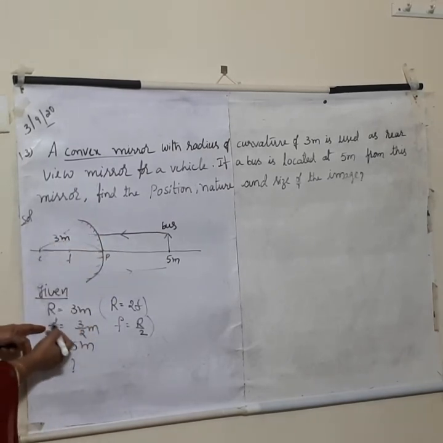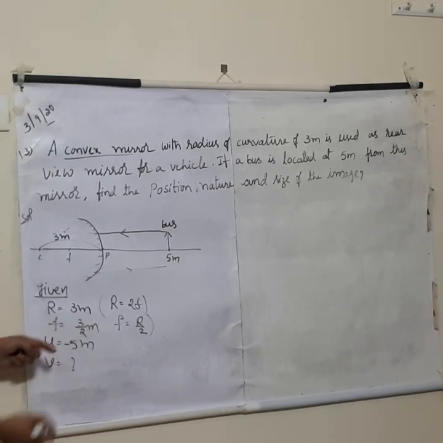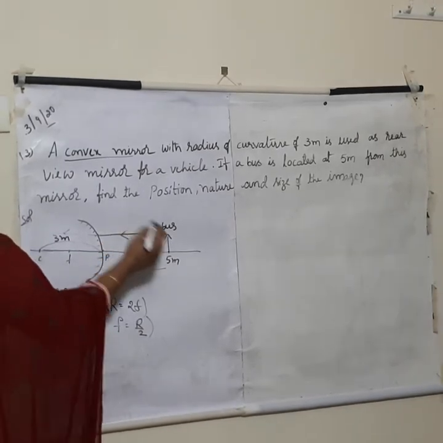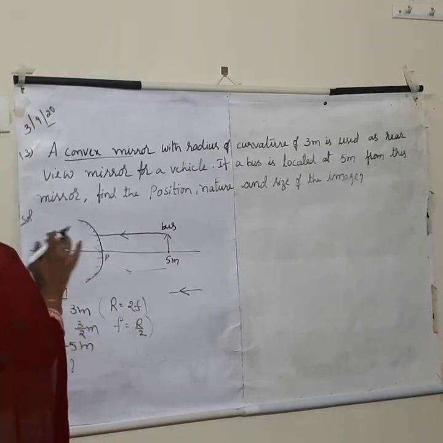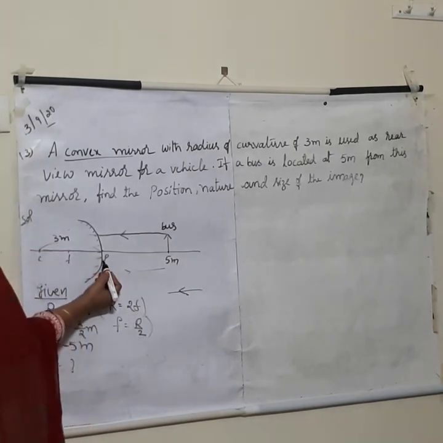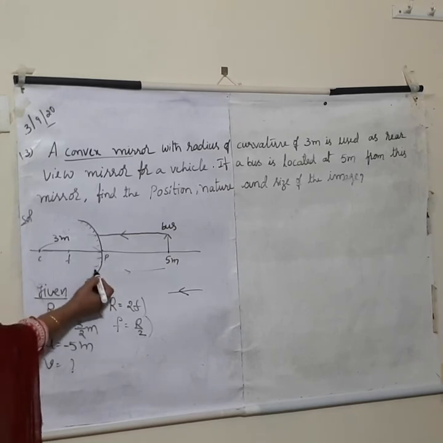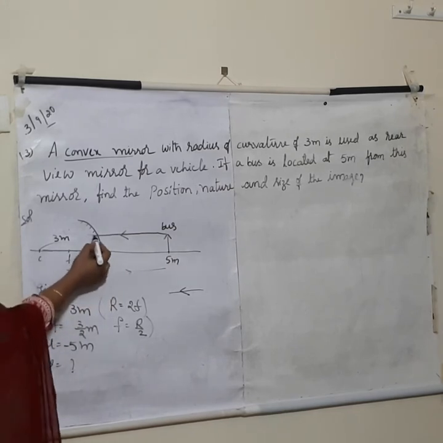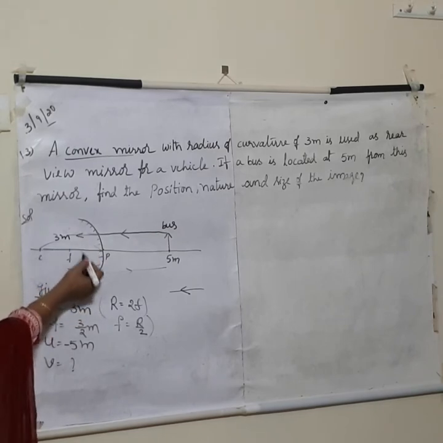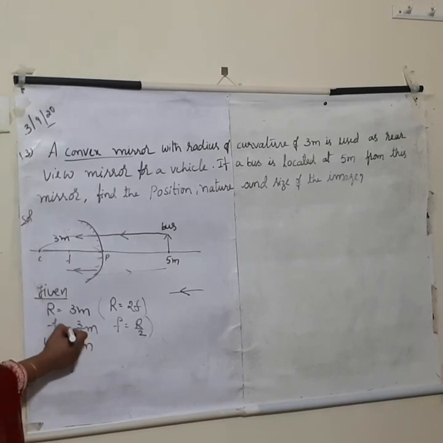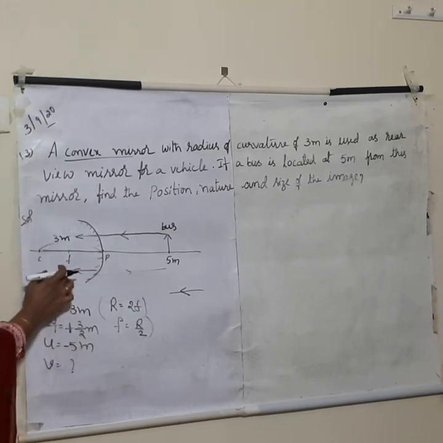Next, focal length value 3 by 2. See, incident ray is along this direction, and the focal length also you must measure from the pole to the F, in the same direction. If they are in the same direction, you must take it as positive.